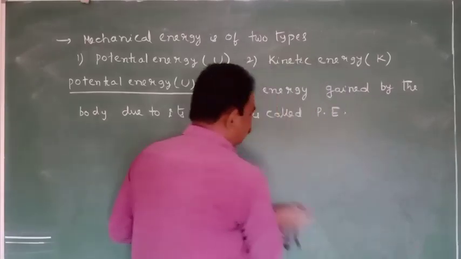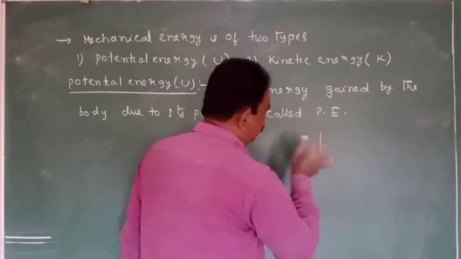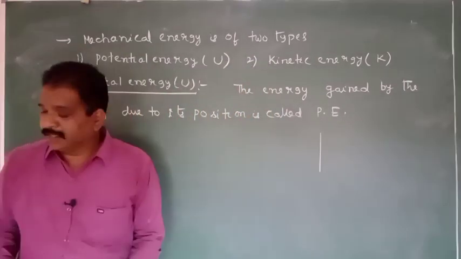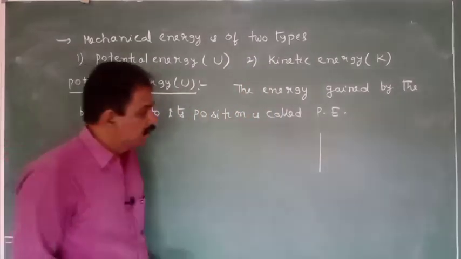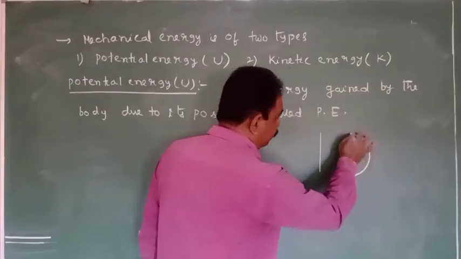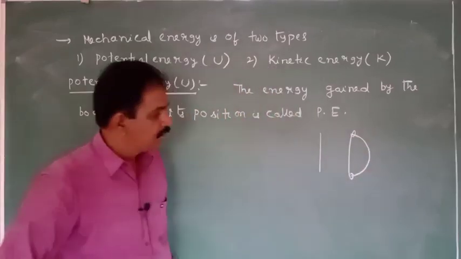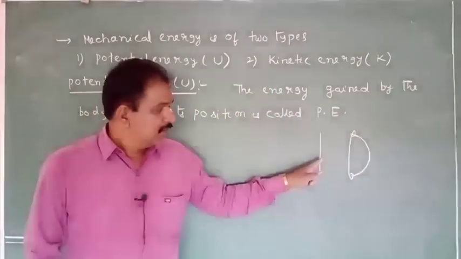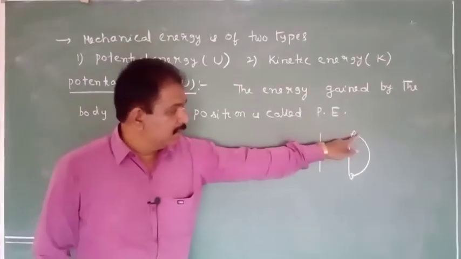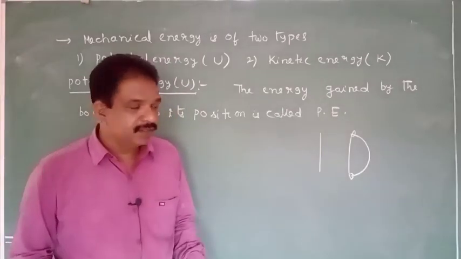Take one more example. One stick is there. It is not having any energy. Bend the stick like this in the form of a bow. Tie a string here. Then, because of its state, it acquires some energy.